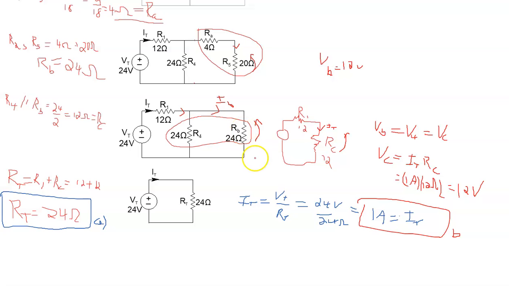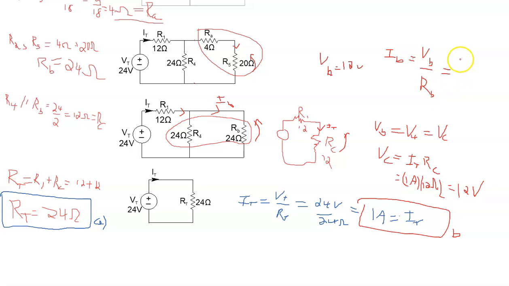So if VB is equal to 12 volts, then I can use that to find the current IB, right? And so IB is equal to VB over RB.